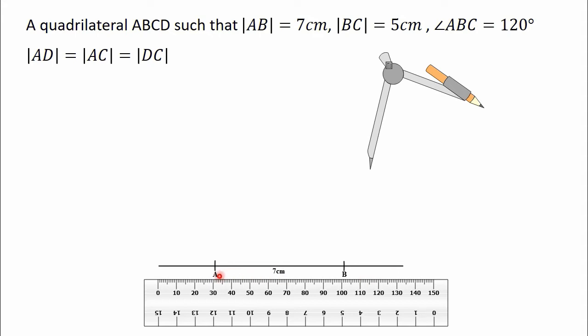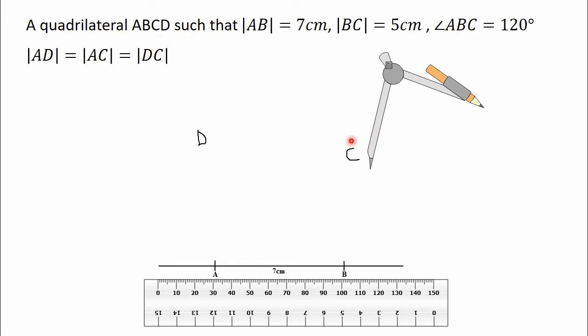So if here is point A and here is point B, then it means that point C will be somewhere here and point D will be somewhere here, so that we can have A, B, C, D. So you can see that the vertices of the quadrilateral will follow the same order that it was given to us in the question.